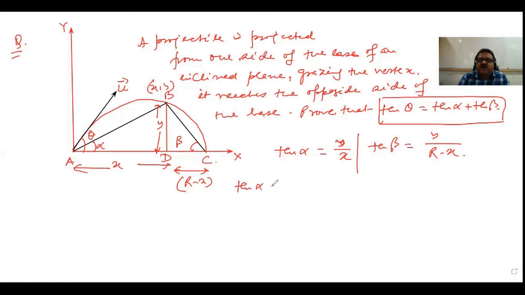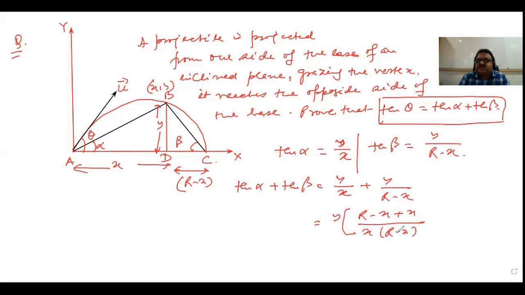Now tan alpha plus tan beta is equal to y by x plus y by R minus x. Now take y common. So I can write R minus x plus x divided by x into R minus x. The x cancels, so it is yR by x into R minus x.